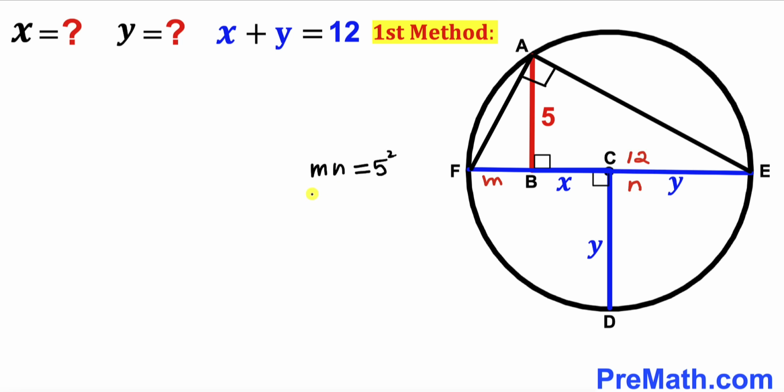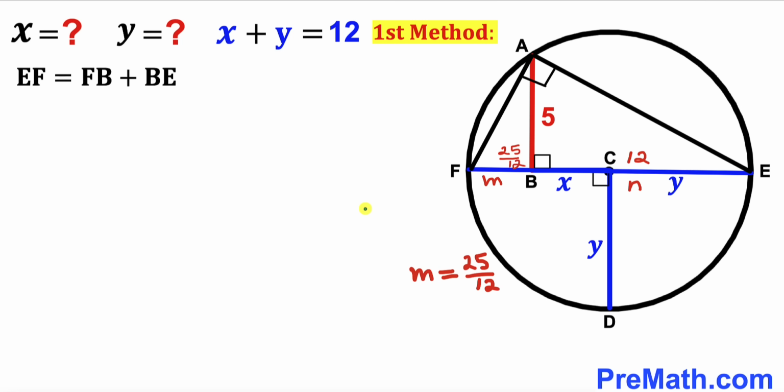So we can write 12 times m equals 25. Now we are going to divide both sides by 12 to isolate m. This 12 and 12 is gone. So our lowercase m value simply turns out to be 25 divided by 12.